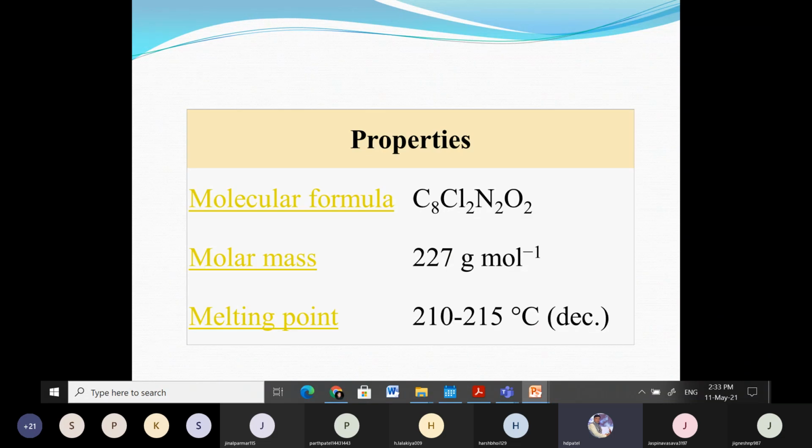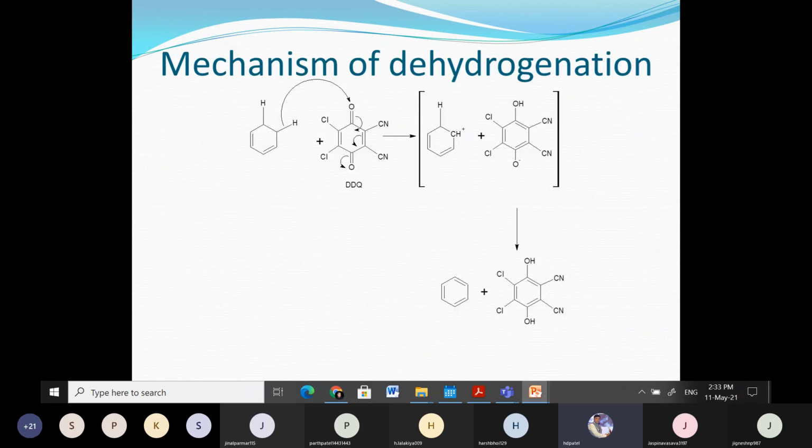As we have discussed, a dehydrogenation reaction we can carry out with the support of DDQ. Suppose you have a cyclic compound, but this cyclic compound is not aromatic because we are having only two double bonds. If you wish to convert this non-aromatic compound into an aromatic compound, then with the support of DDQ we can do it.